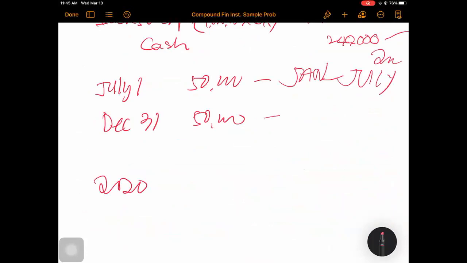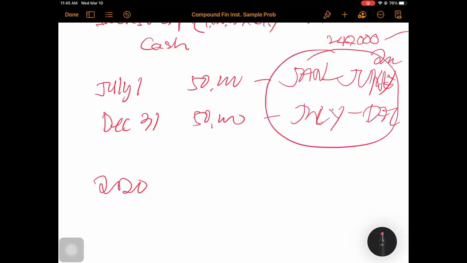This one is from July to December. Since they are both covered for the whole 2020, these two are your interest expense for 2020.